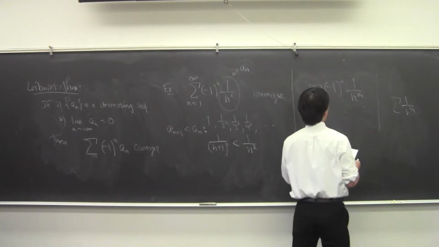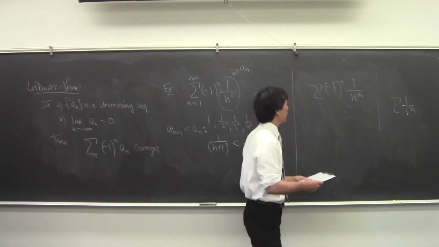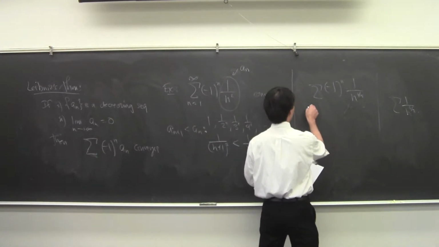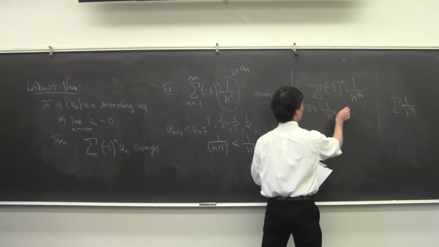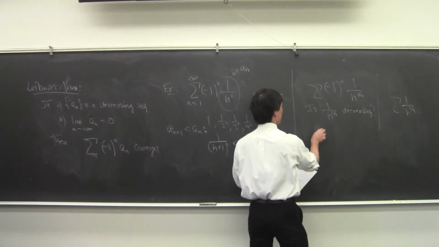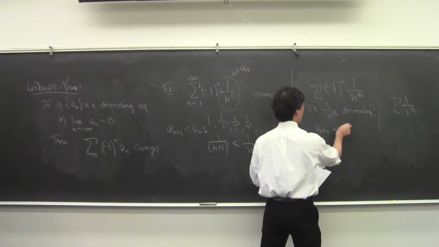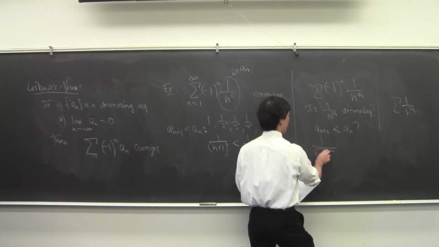But this thing, you can use Leibniz's test on. Is 1 over n to the 1/2 decreasing? Sure. Is a sub n+1 smaller than a sub n? You've got 1 over the square root of n+1.